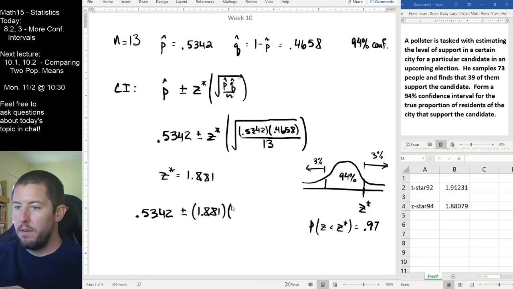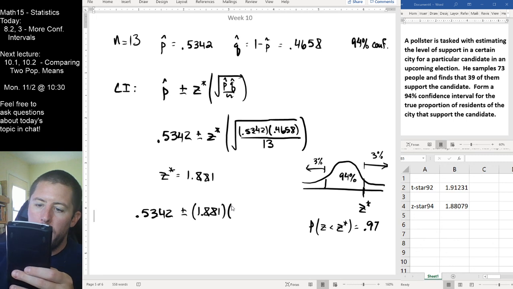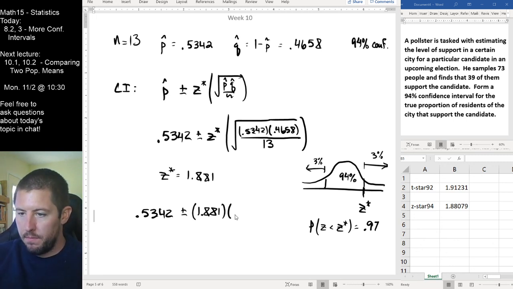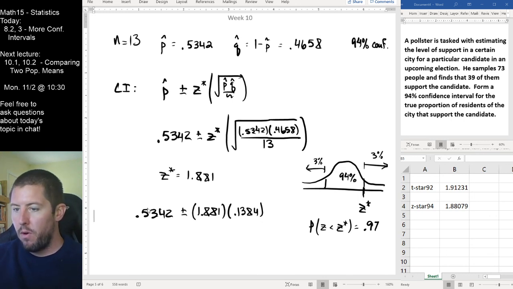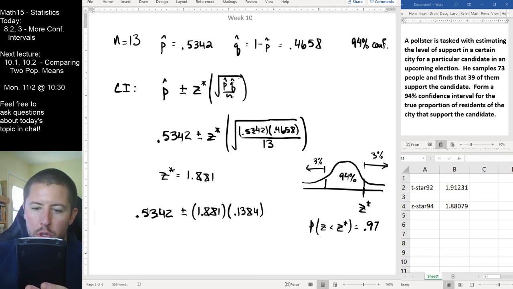We've got 0.5342 times 0.4658 divided by 13, and I'm going to take the square root of that. And I'm getting 0.1384. So I can multiply my 0.1384 times 1.881, and I'm going to get 0.2602.